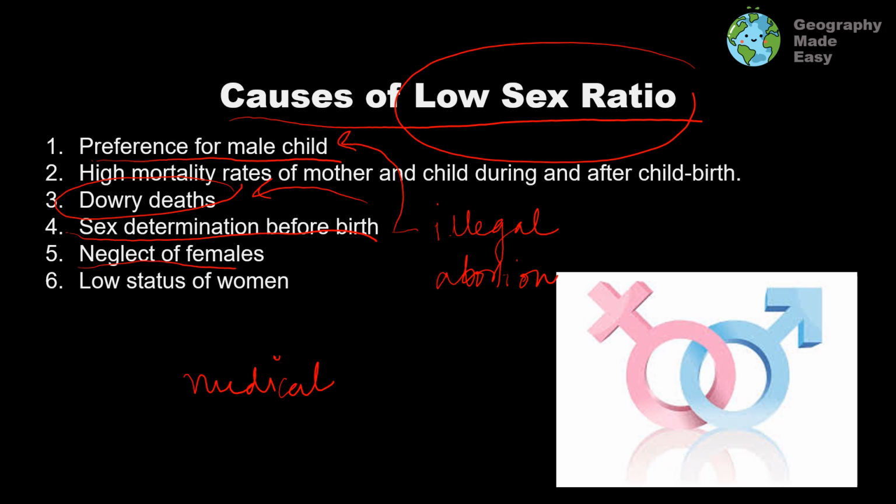Neglect of females, and I have already talked about this. That is, the girl child is neglected from birth. It is kind of like an unwanted child whom the parents do not really want.